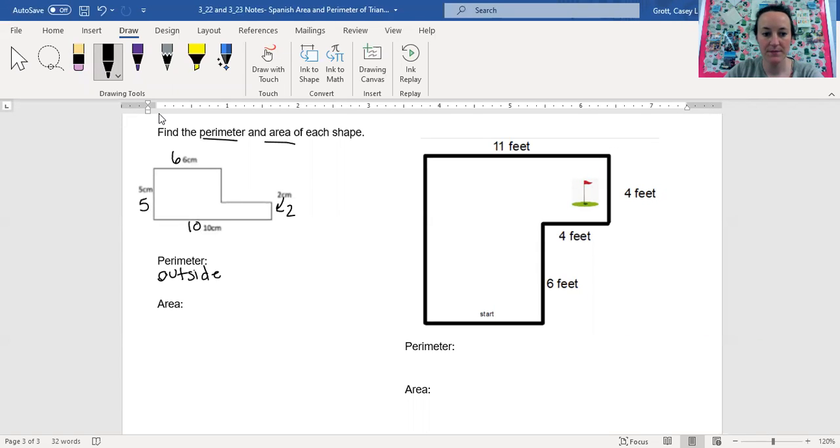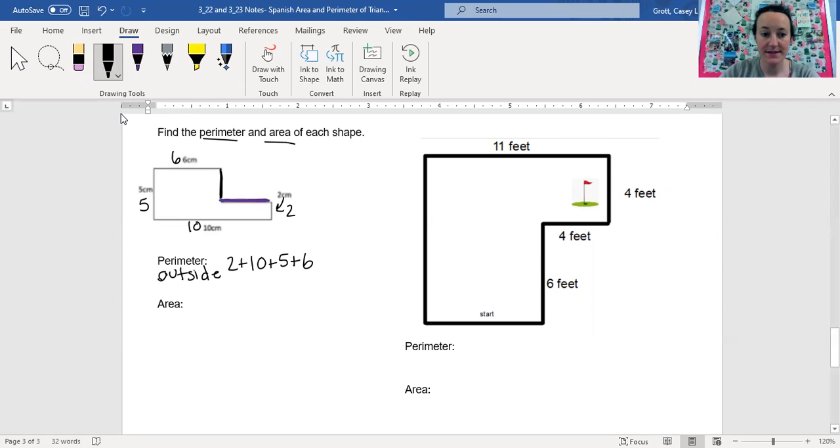So my perimeter, I have 2 plus 10 plus 5 plus 6, but this actually isn't my answer because this part is still on the outside. This part is still on the outside. So we need to figure out what those numbers should be.